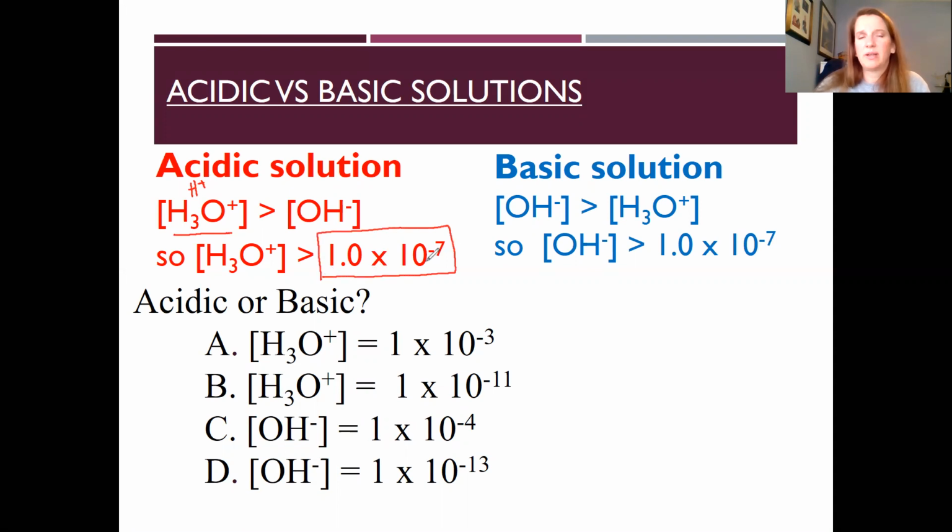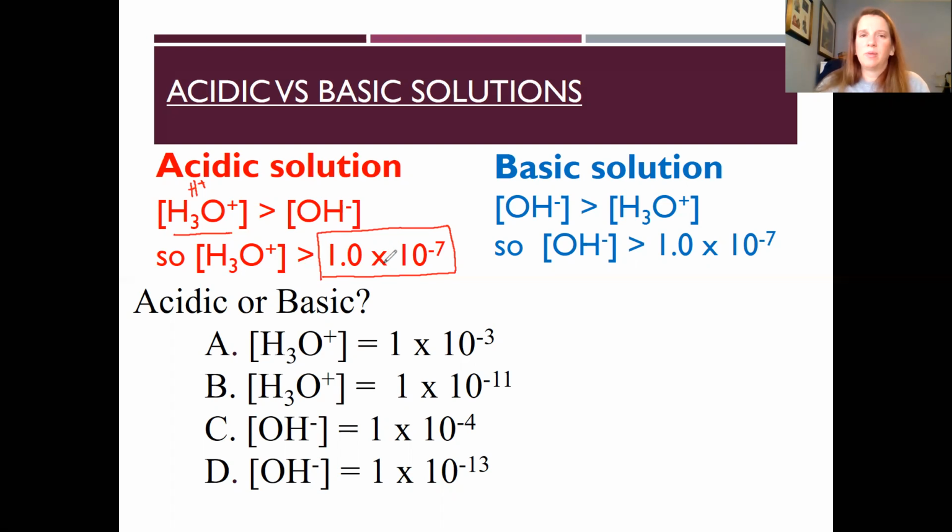Remember, that number is based off the self-ionization of water, which has equal concentrations of hydrogen and hydroxide in a neutral substance. Since acids produce hydrogen ions, it makes sense that the hydrogen ion concentration would be greater than 1 × 10⁻⁷ in acids.